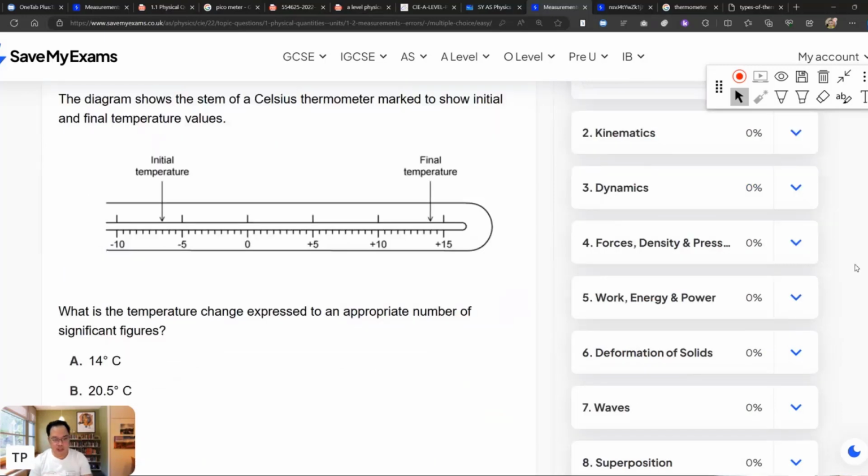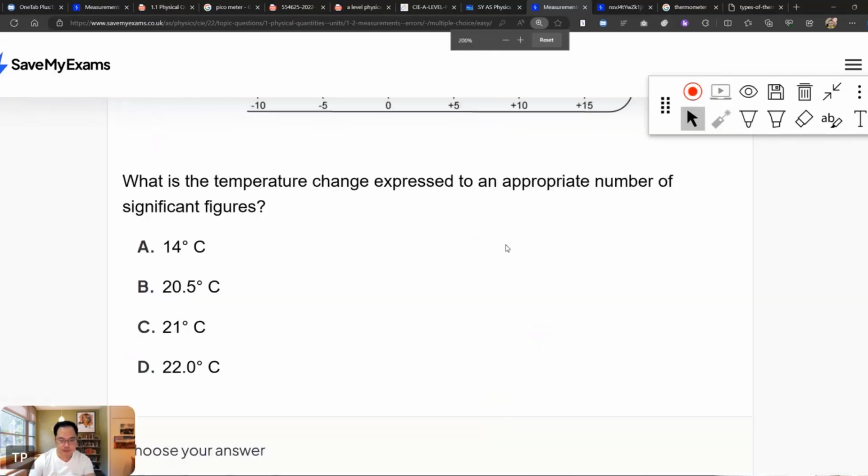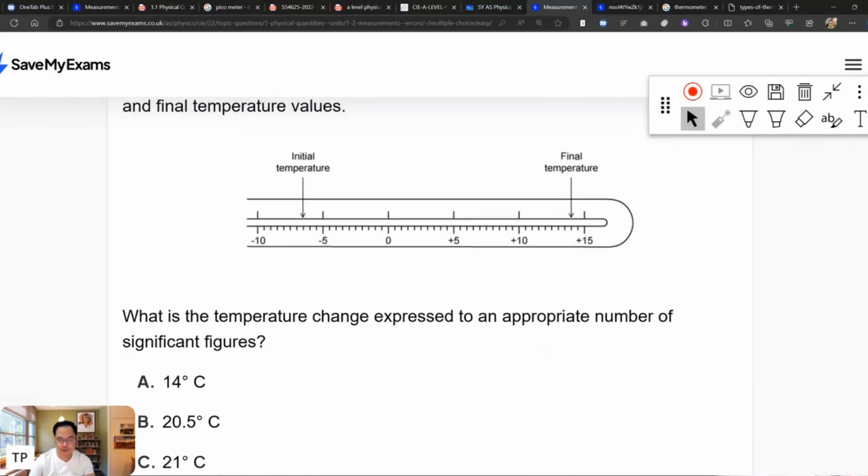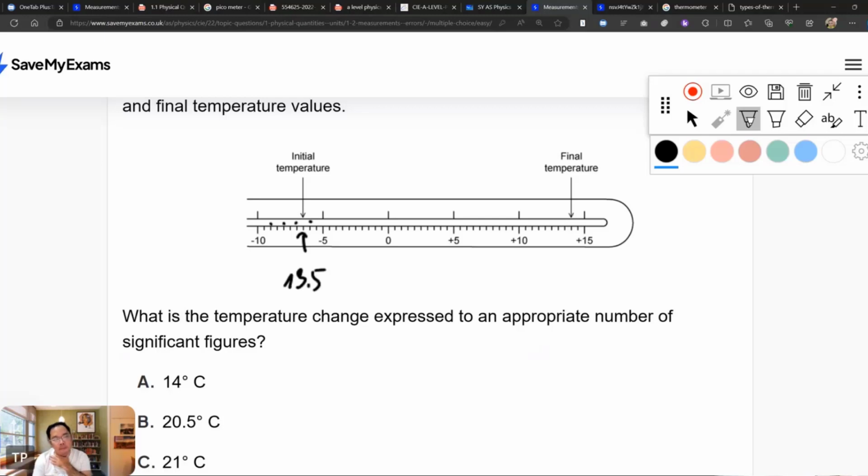Question 3. Again, another one due to reading. The diagram shows the stem of a Celsius thermometer marked to show initial and final temperature values. What is the temperature change expressed to an appropriate number of significant figures? Temperature change, initial temperature here and final temperature here.